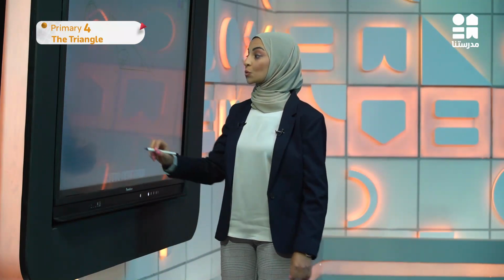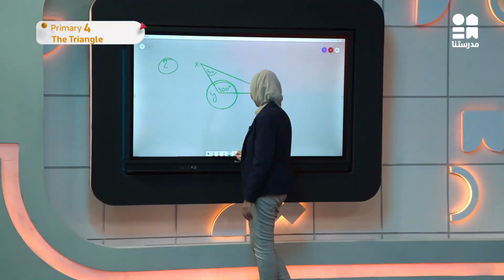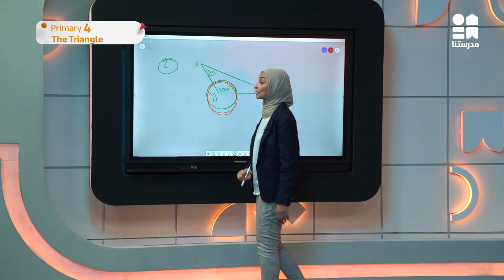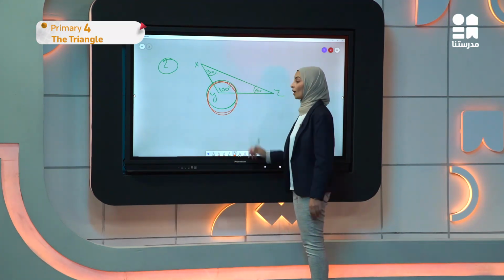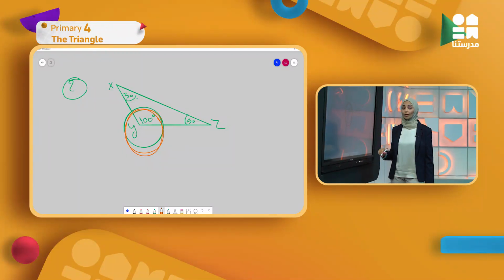Measure angle Y is 100. 100 is greater than 90. When the angle is greater than 90, it is called obtuse angle. Okay, now what about the third one, measure Z? Yes, measure Z equals 50, which is less than 90 degrees, so it is acute angle.